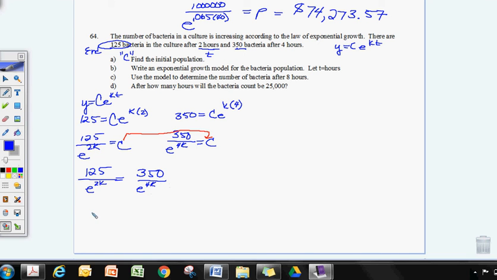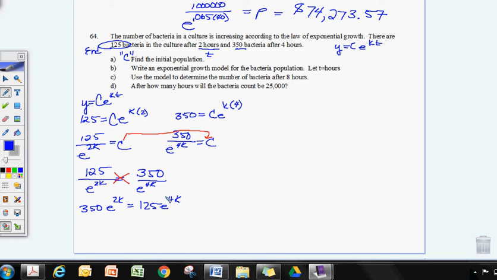So now I'm going to cross multiply, and when I cross multiply, I end up with 350e^(2k) equals 125e^(4k).